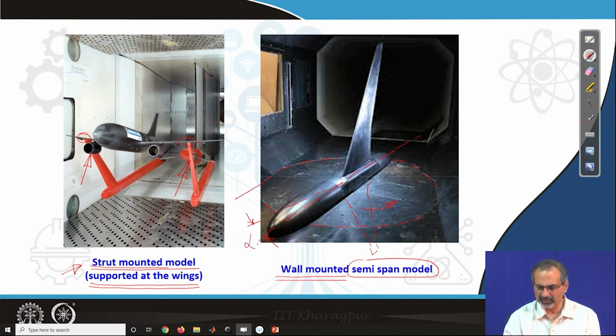So the flow will come in from this direction, and at that time the semi-span model will be facing the flow at different angles. So we had a brief look at different types of mounting arrangements.